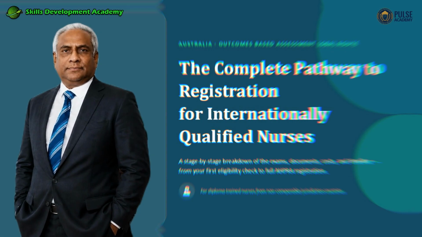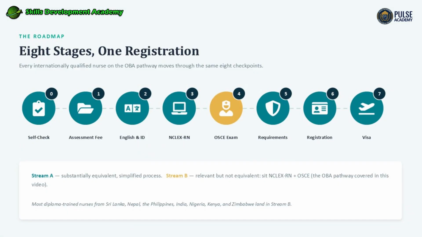Let's get into it. Before we go into the details, let's look at the full roadmap. The OBA pathway is usually completed in 8 main stages. You begin with the free eligibility self-check, then move into the assessment fee and portfolio submission. After that, you complete your English language requirement and identity verification.